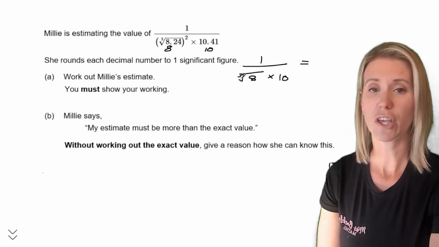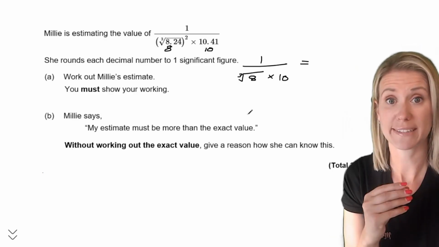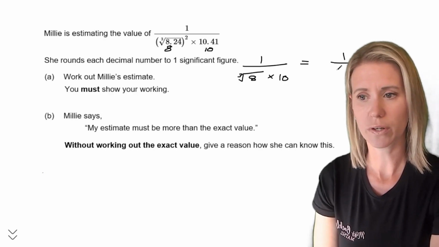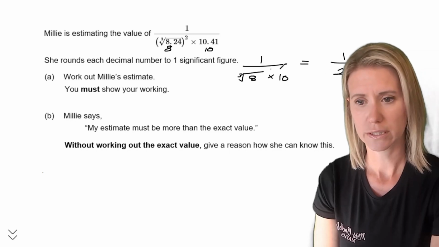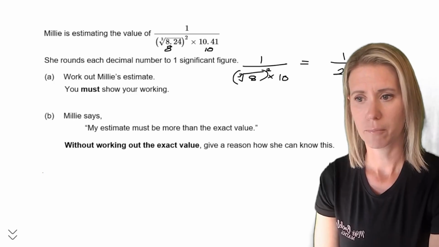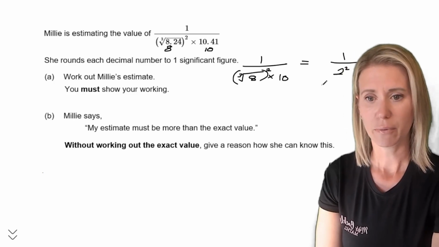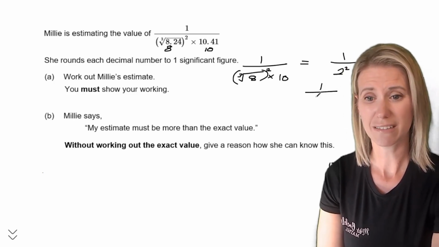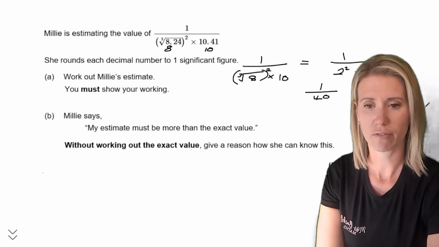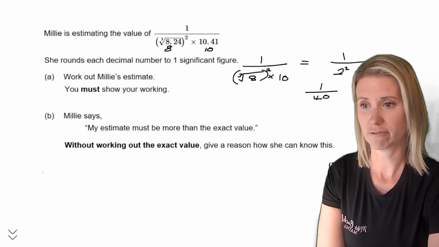The cube root of 8 means what number multiplies by itself 3 times to get to 8, and that would be the value 2. So it's 1 over 2 squared, we've got our squared off there, multiplied by 10, which is 1 over 40. 4 times 10 is 40, and that's your final answer. 1 over 40 would be absolutely fine written like that.